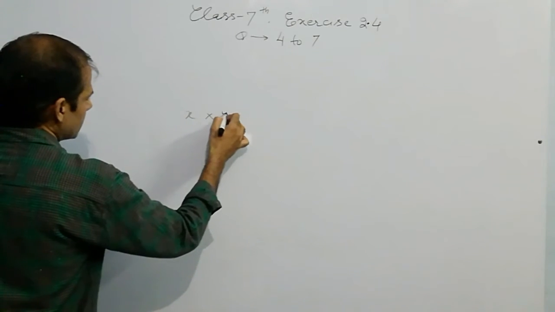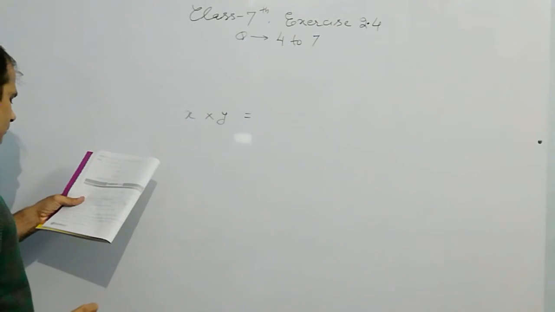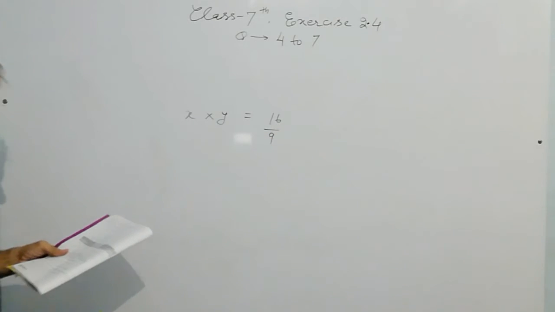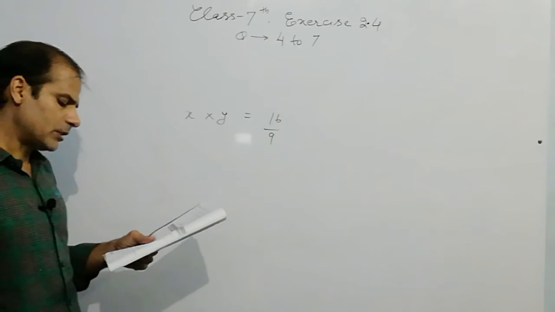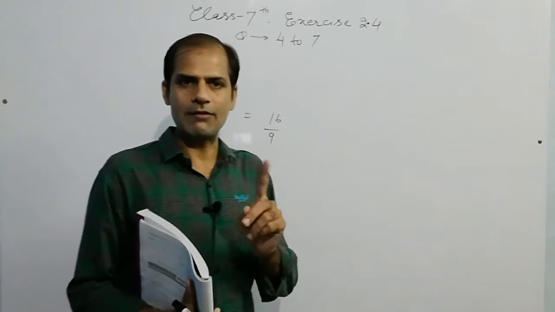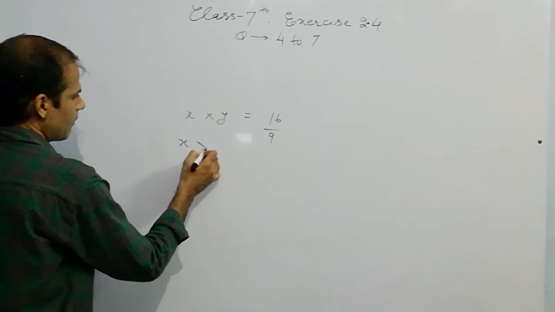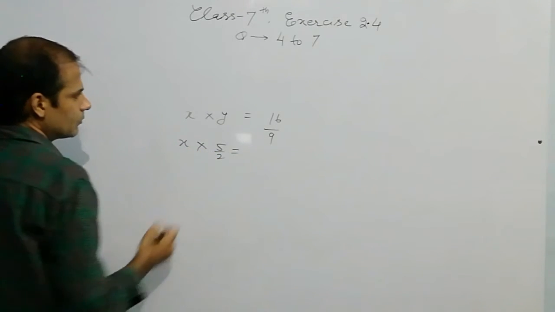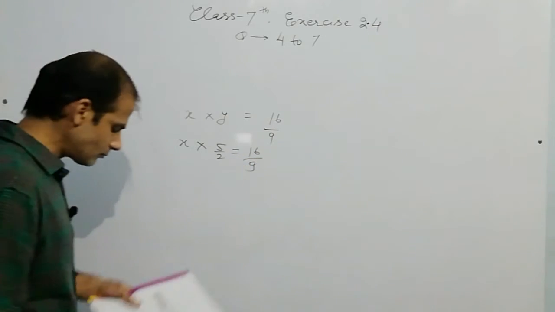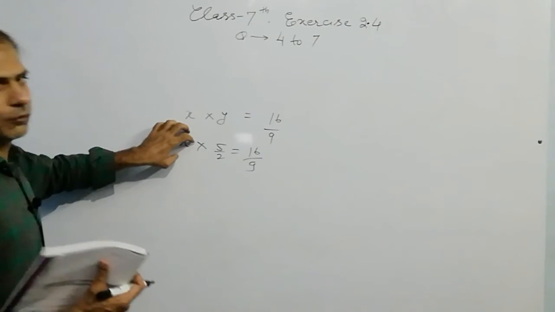Suppose there are two numbers x and y, and the product of both is 16 upon 9, and one of the numbers is 5/2. इन दोनों नंबर्स में से एक नंबर क्या है, 5/2 है. So any number can be y. Let y be 5/2, and the product is 16 upon 9. Then find the other number. So we have to find the value of x.